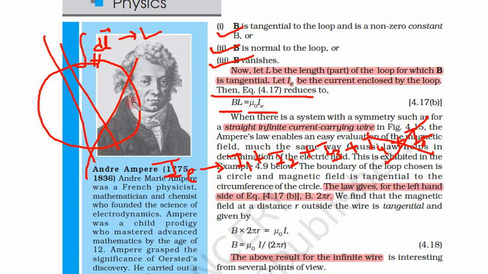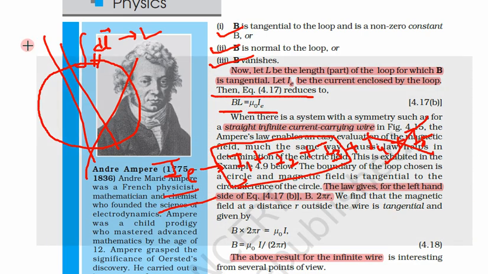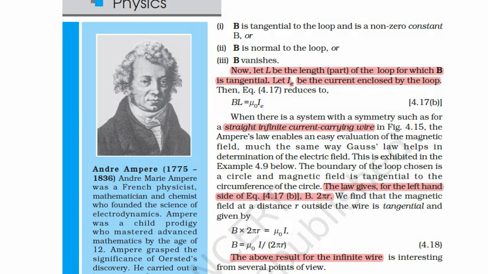So we have to take only those currents that are enclosed by the loop. That's why IE here. IE means the currents that are enclosed by the loops. So this is BL is equal to mu naught IE, where IE is the current enclosed.